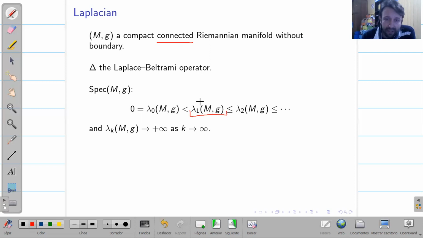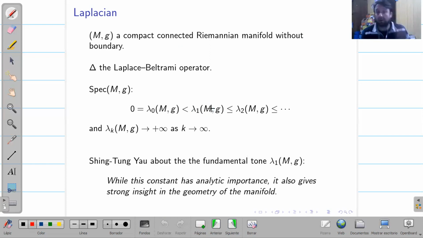So there is this element, the smallest positive eigenvalue, which is called the first eigenvalue, or also the fundamental tone. And what I need you to believe at this point, if you have no experience with this operator, is that this number is very important.